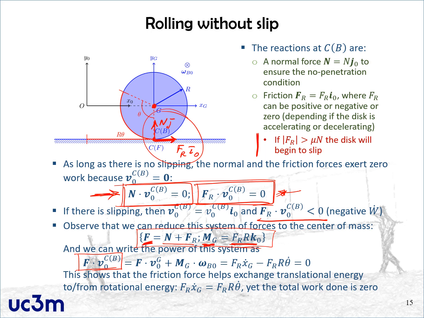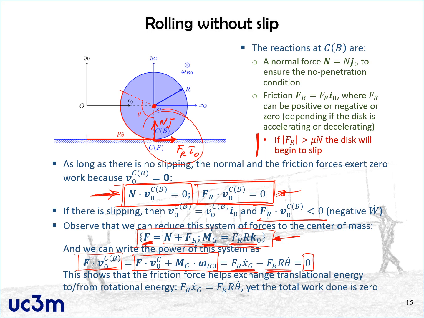Another possibility is to use the reduced system of forces about G using the velocity of G and the angular velocity of the rigid body, and this is what we get. And of course that also has to be equal to 0 because this system of forces is not creating or destroying any energy. Now, the interesting thing of doing this is that we again see two terms.